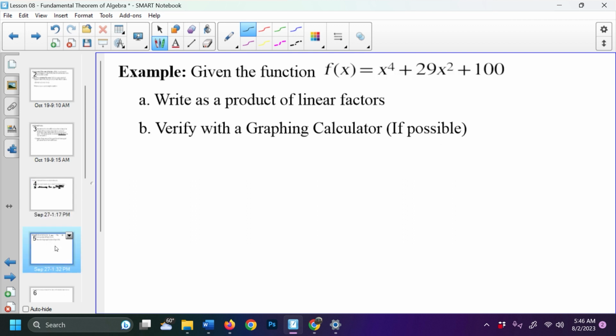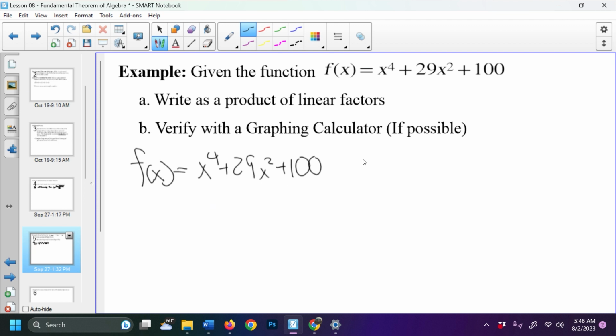First example says, given this function, write it as a product of linear factors, and then verify with graphing calculator if possible. Not sure it's going to be possible for this one, but we'll see. So I start with f of x is equal to x to the fourth plus 29x squared plus 100.